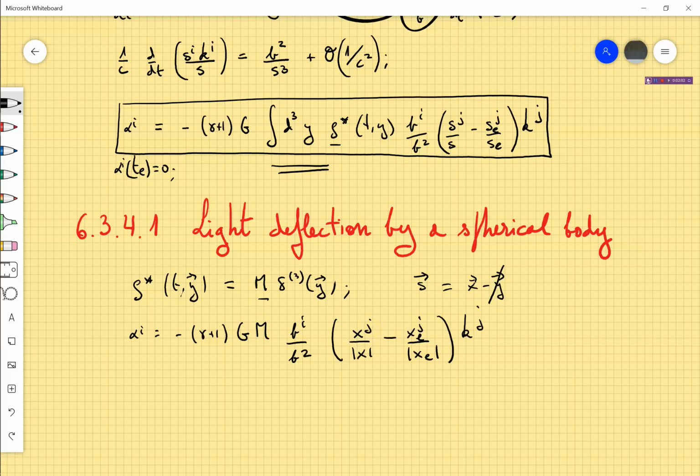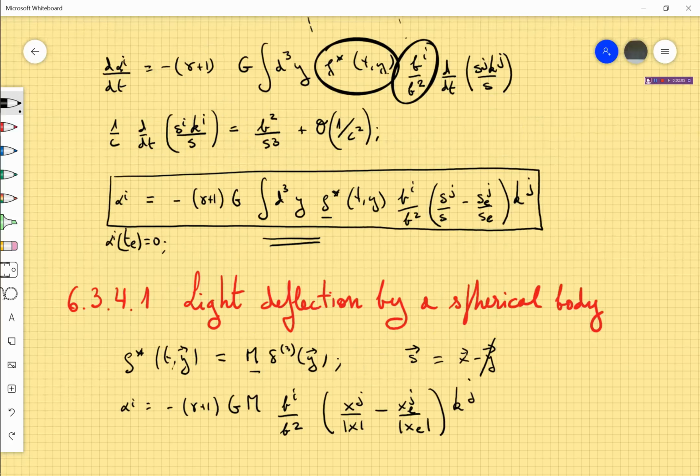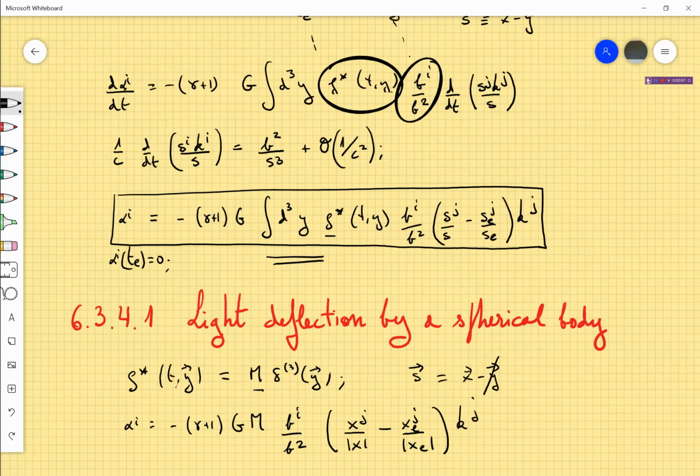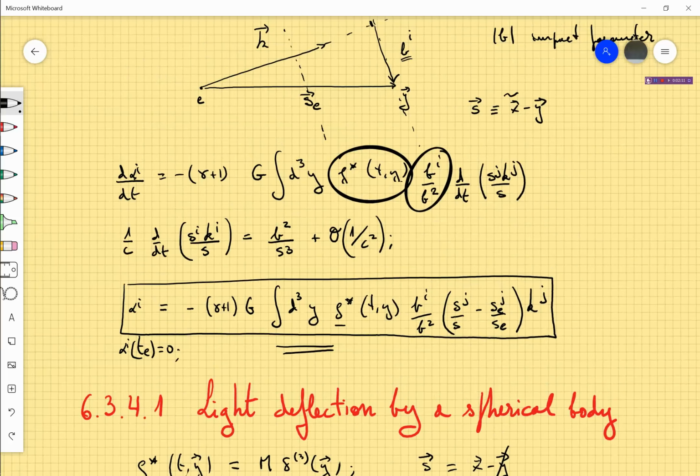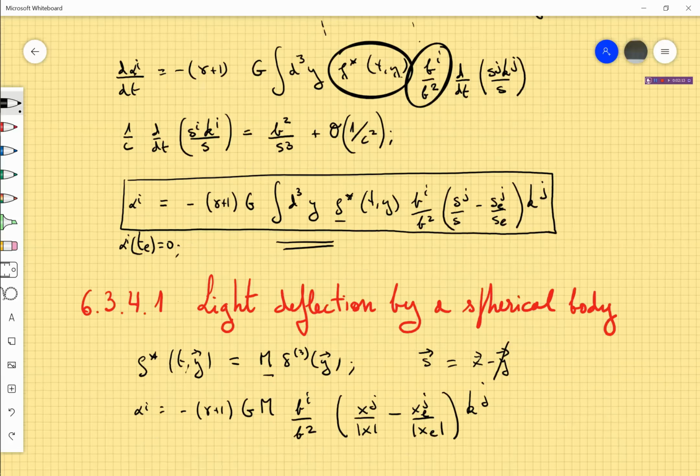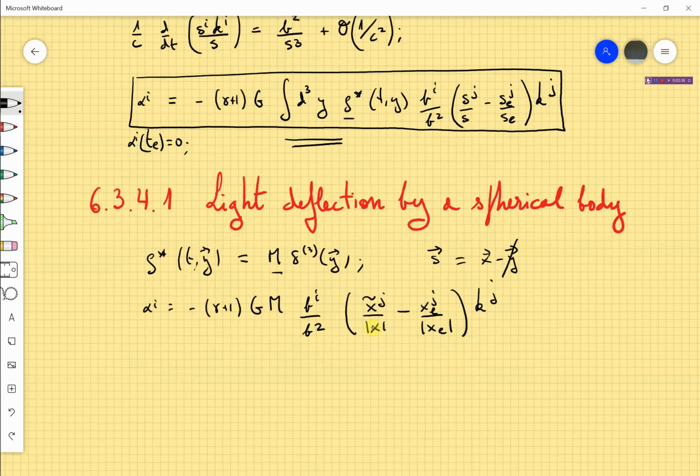Maybe I should have been more precise. Everything in the right hand side here was assumed to be evaluated at x tilde, so perhaps I should have written explicitly tildes everywhere. So here this is x tilde. X tilde, I remind you, is just xi e at emission plus c times ki t minus t emission plus terms of order 1 over c.